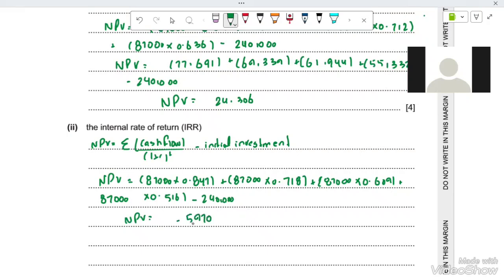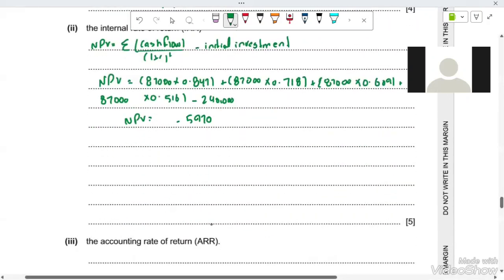Since NPV at 12% is positive, which is 24,306, and NPV at 18% is negative, which is minus 5,970, we use linear interpolation to estimate IRR. So what is the formula for IRR?